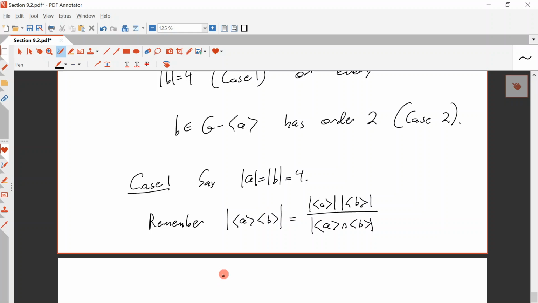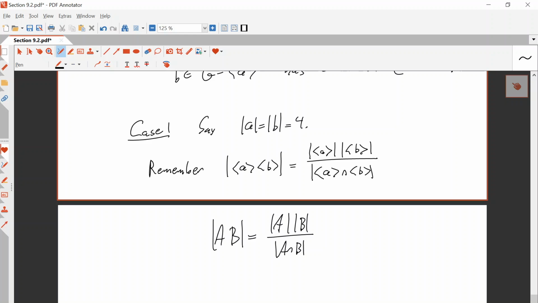Right? Whenever you had subgroups A and B of G, the order of that product, that set product, was order A, order B, over order A intersection B. Right? All right, well, so that's what we get here, right, in this case.